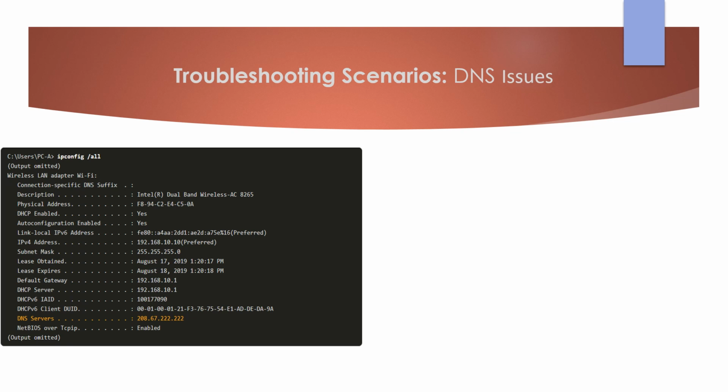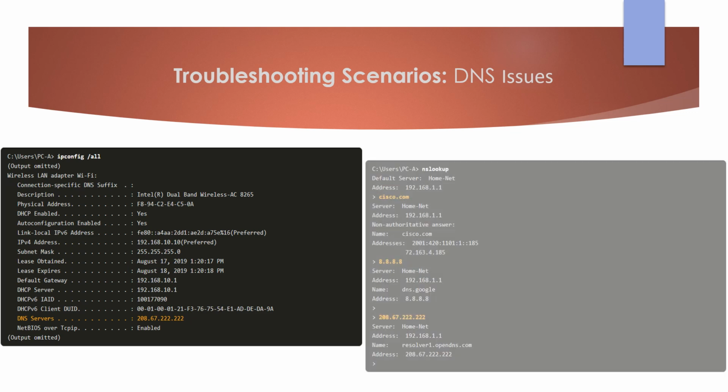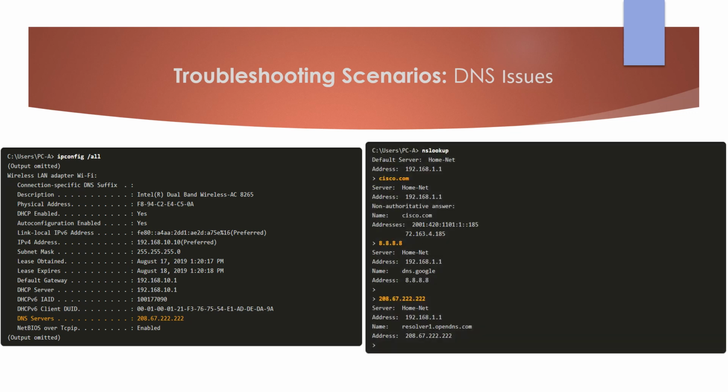The nslookup command shows the output for a query, and as you can see in this example, you can simply enter an IP address and nslookup will resolve the name.